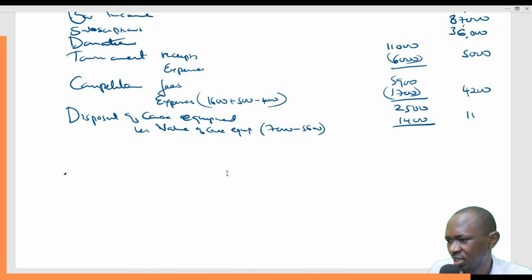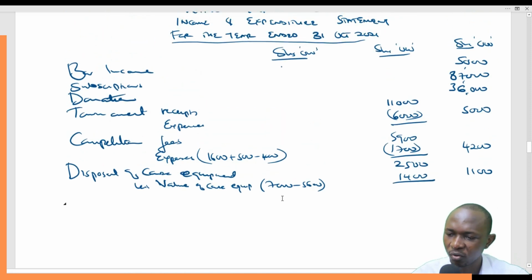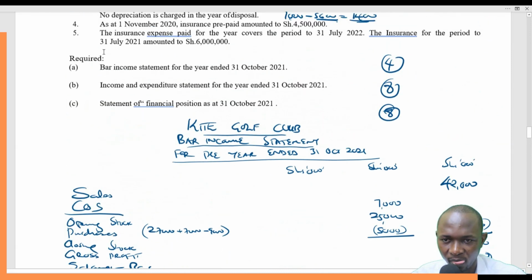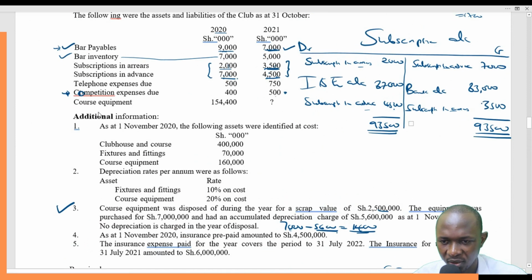So this gives us 1,100. That was the gain. It was bought at 7 million, or rather, because we have restricted the zeros, 7,000. Its value had depreciated by 5.6, so its real value was 1.4, but then it was sold at 2,500. That means there was a gain of 1,100. That's what we are capturing here. It is the gain that we are interested in.